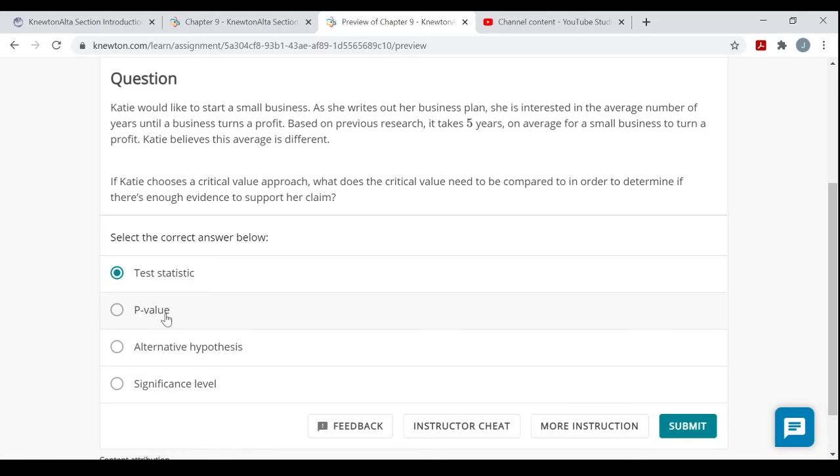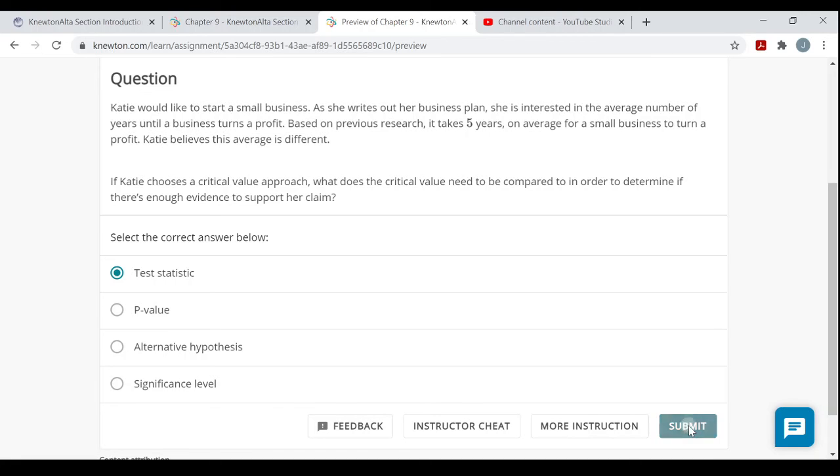And like I said, the p-value and significance level will be compared if you choose the p-value approach. But in the critical value approach, critical values are found based on the distribution you're looking at. Is it normal, Student's t with so many degrees of freedom? And then you compare your test statistic to those critical values and make your decisions.